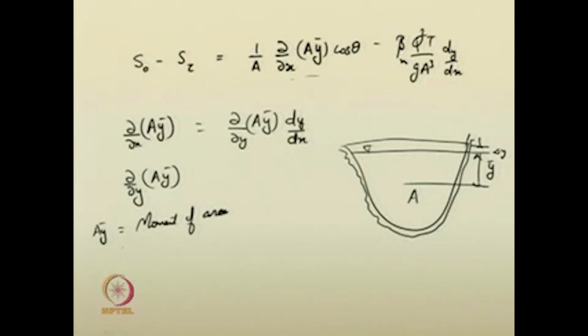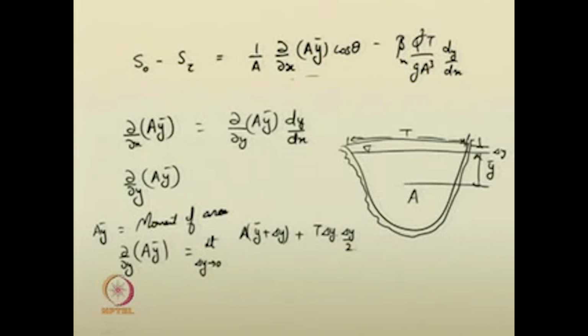So, I can write dou by dou y of A y bar as the limit del y tends to 0 of A into y bar plus del y, plus this is the top width T, this width is T, so T into del y by 2, minus A into y bar, that was the previous moment of the area, if you recall, divided by del y.